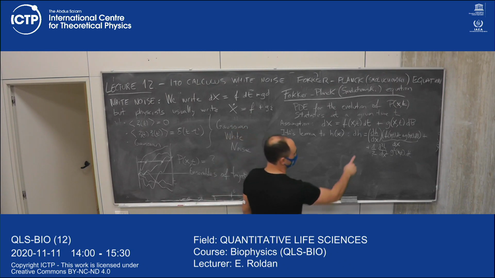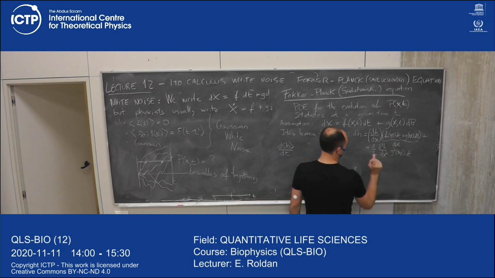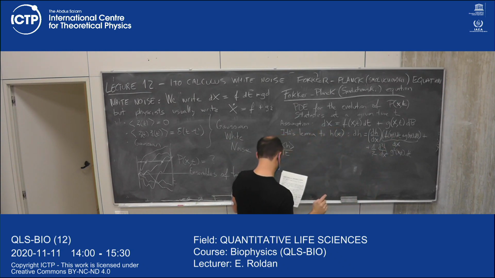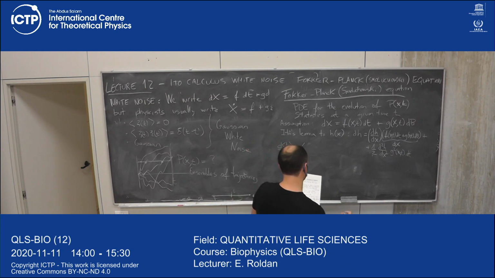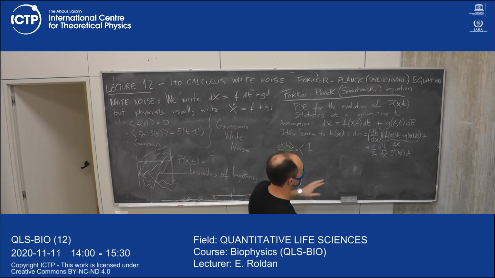So I take dh/dt: I will divide by dt and take the average. What will come out is, okay, first you can see the following: dh/dt, this will be f, this term.